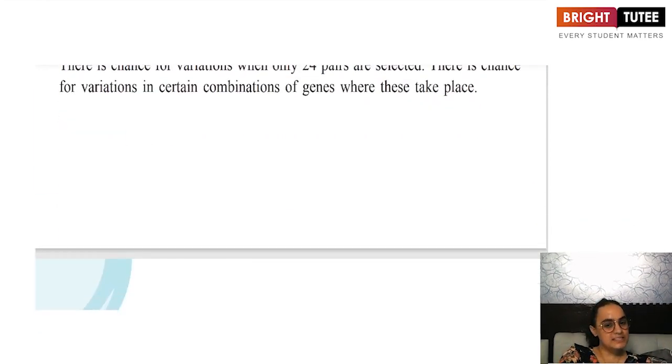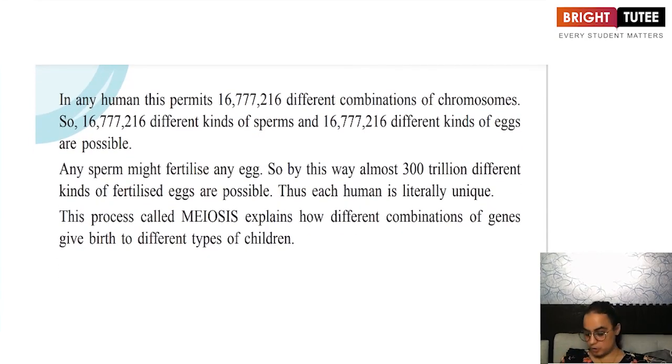As it has been described to you in detail, in any human being, there are this many combinations of the chromosomes. Okay. So, this number of different kinds of sperms and this number of different kinds of eggs are possible inside a human body.